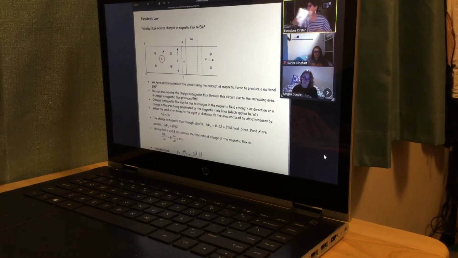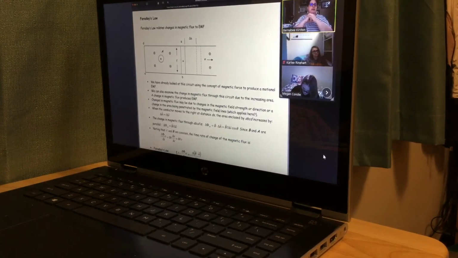Any change in area can create a voltage if you have a magnetic field. I honestly don't know how we could build something like this, but let's say I just have a conducting coil, and I could make it shrink and grow and shrink and grow.